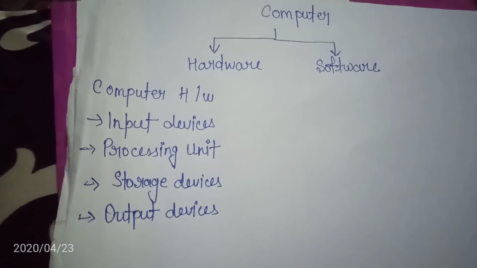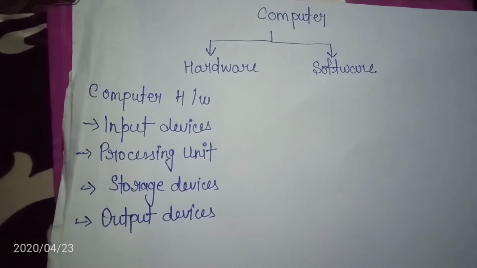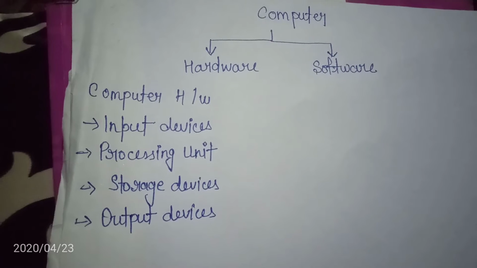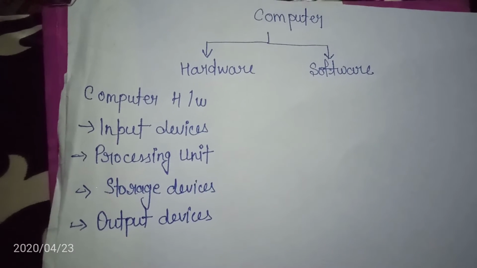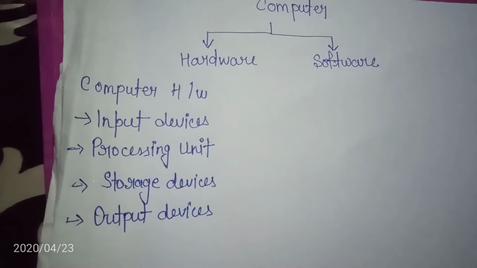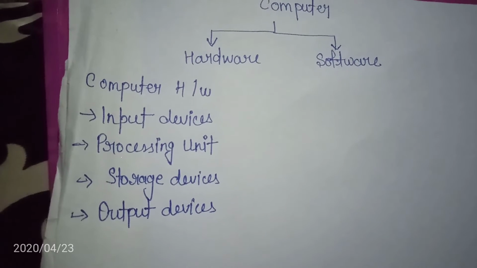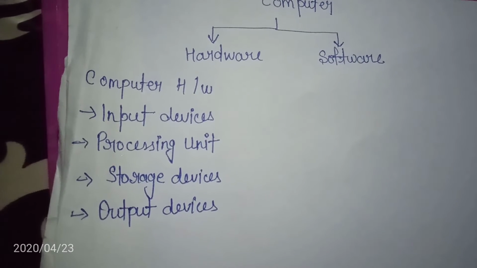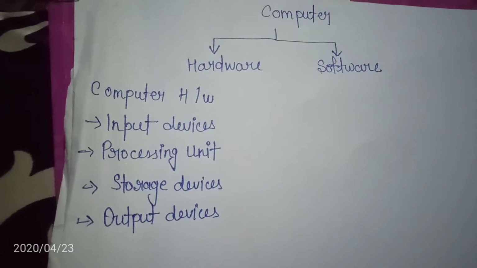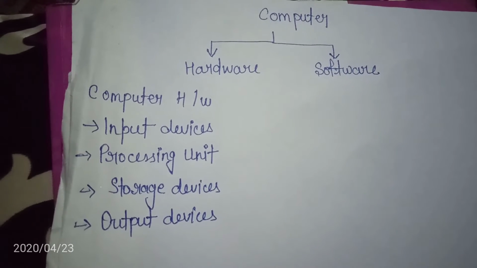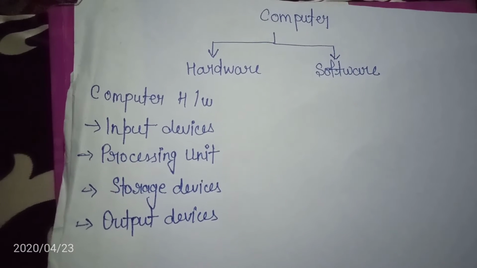When the data is entered into the computer with the help of an input device, the computer processes that data with the help of the processing unit. After that, when we enter some data, the data needs to be stored somewhere, or when the computer processes the data, whatever result comes, the computer needs to store that data somewhere. So the computer stores that data in the memory.